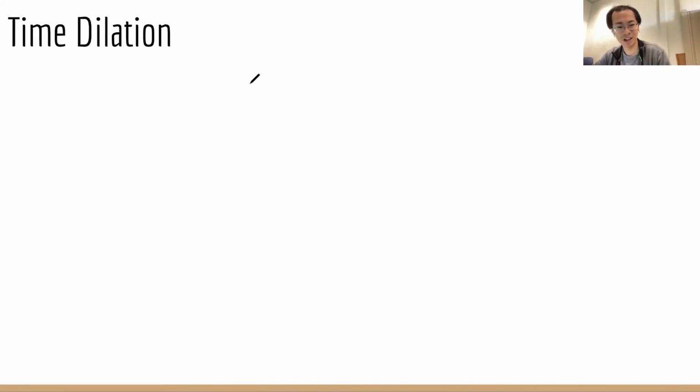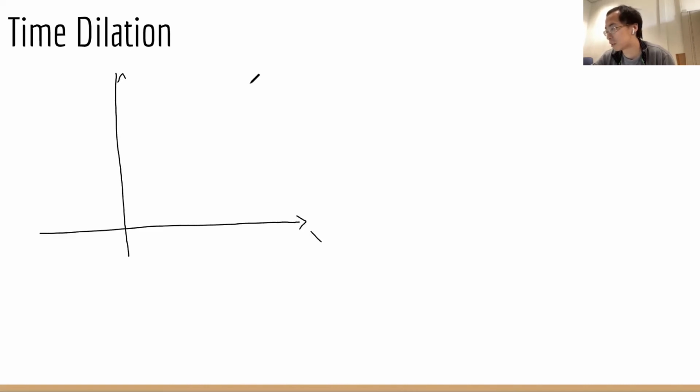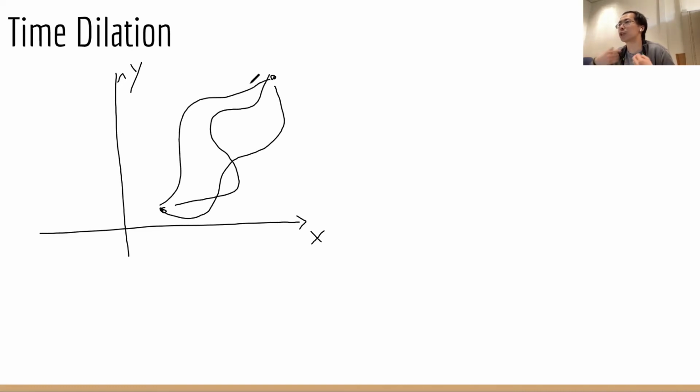And so as Isaac had said before, if we imagine a space, let's just draw a two-dimensional space actually. If I have two different points, a start point and an end point, and I draw multiple different paths between them, I think to us, like three-dimensional creatures, it's pretty intuitive that these paths don't have to have the same length.